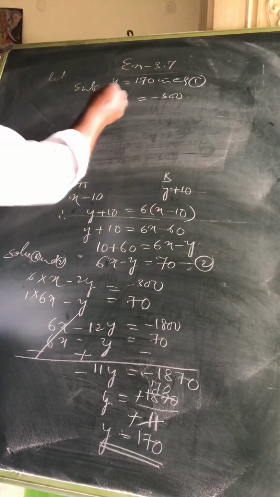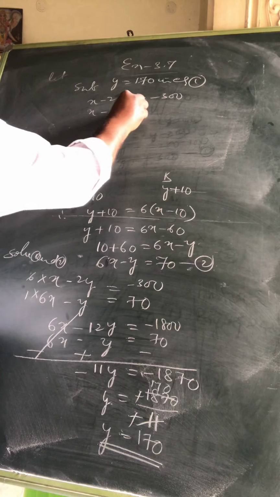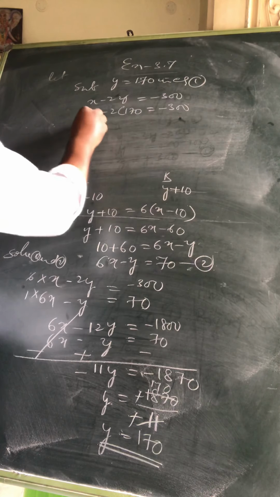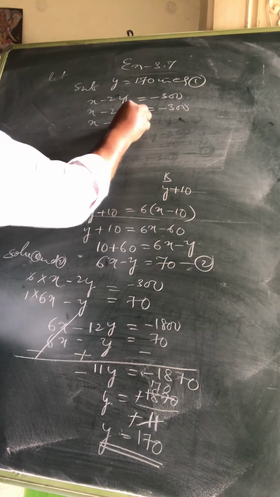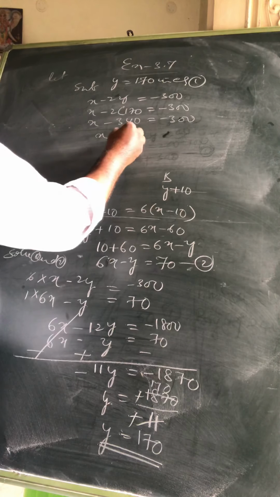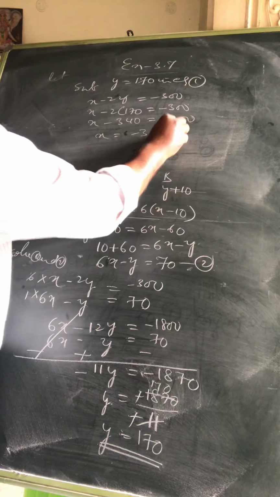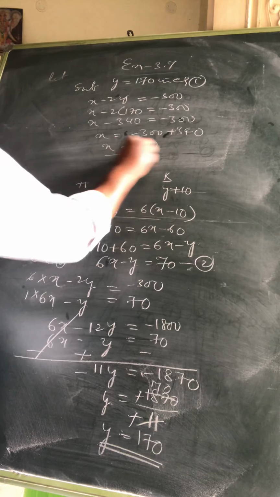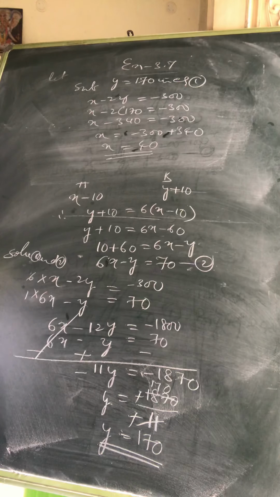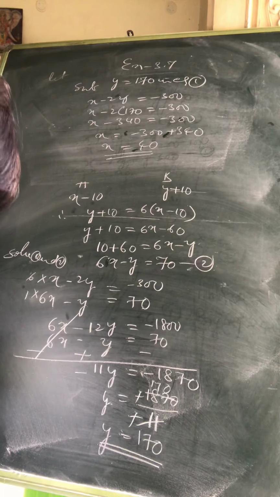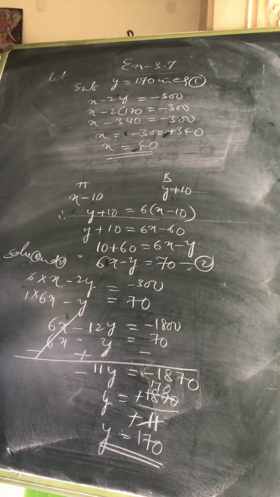So x minus 2 into 170 is equal to minus 300. x minus 340 is equal to minus 300. x is equal to minus 300 plus 340. x is equal to 40 rupees. How much? x is equal to 40.